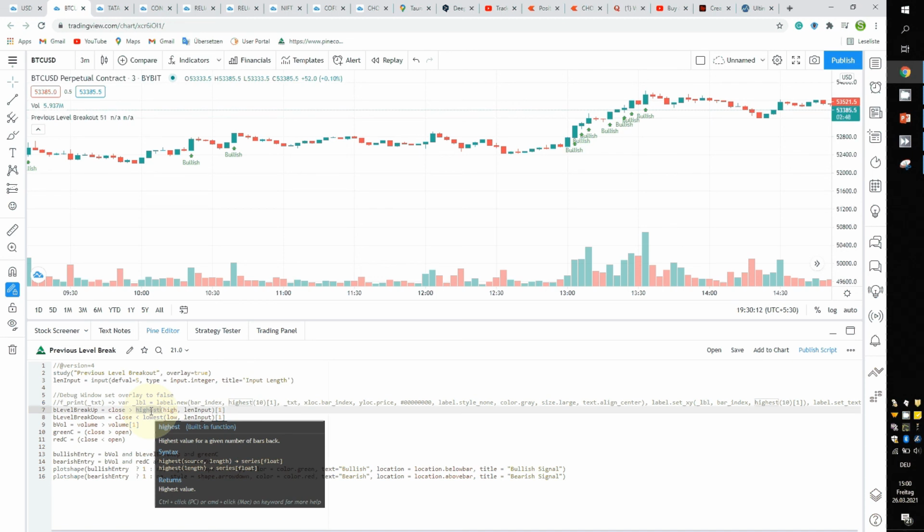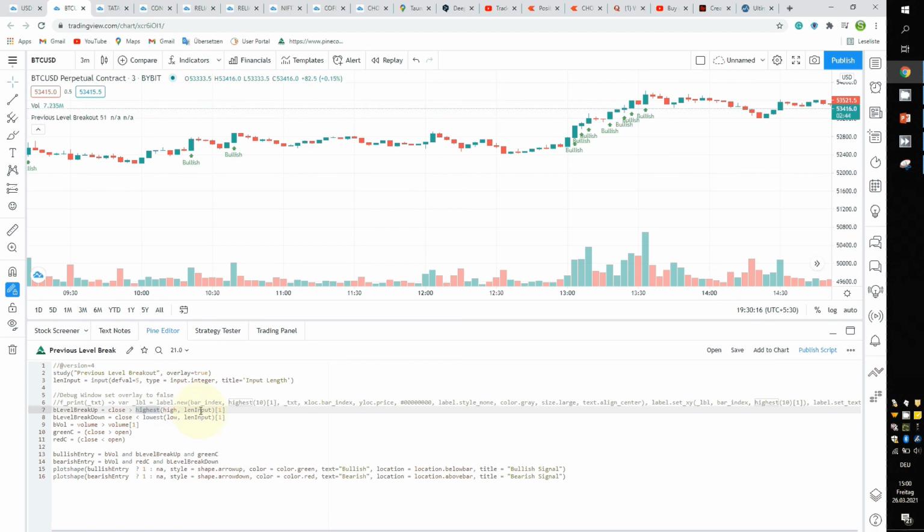So it has to compare the high, the highest high length input, so in this case is 5, so it will take the highest or the high value of the past 5 candles, and check which is the highest value.